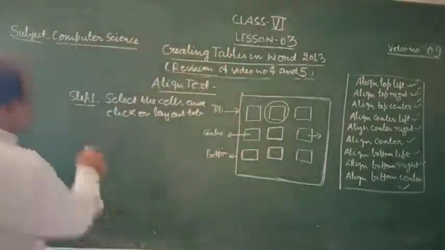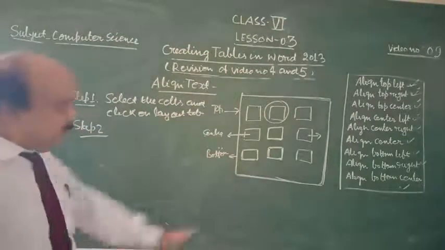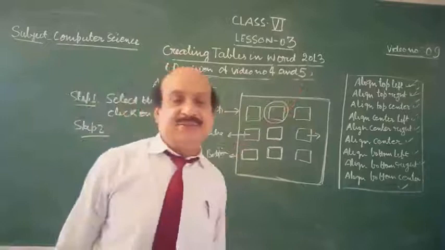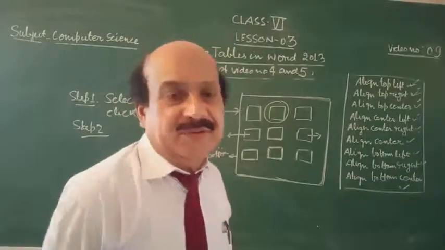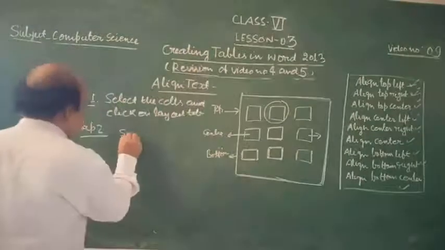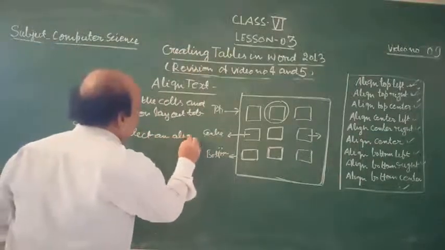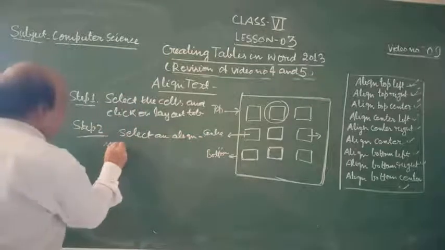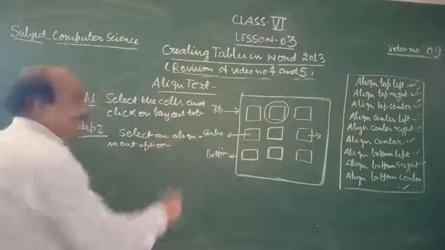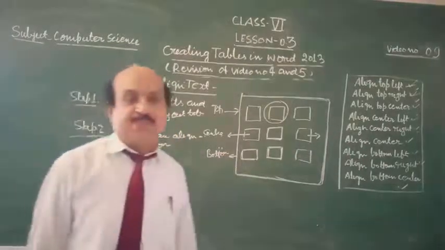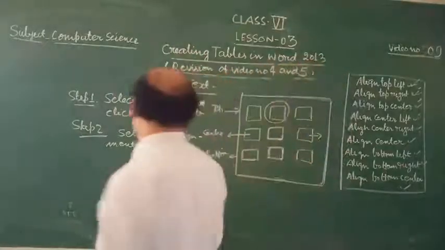The first step is clear. Then you will use Step 2: now we have to select an alignment option from the list which appears. Select an alignment option from the alignment group.